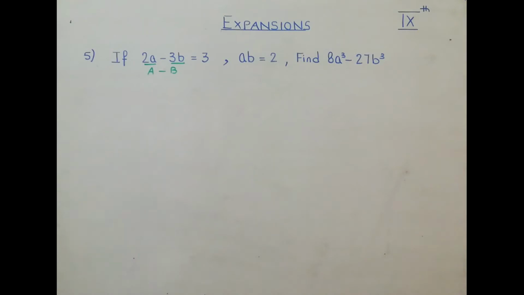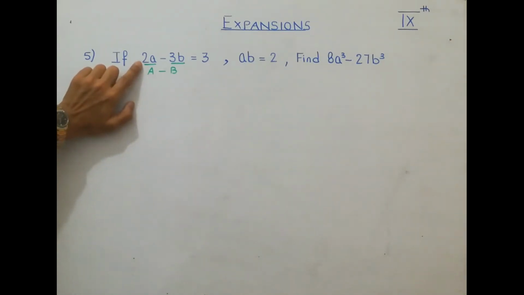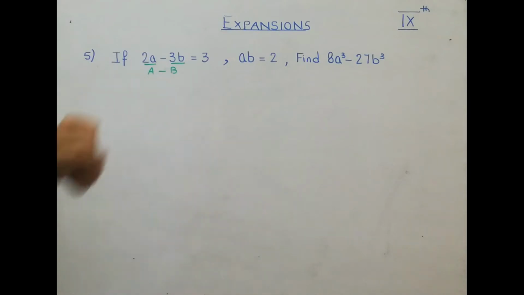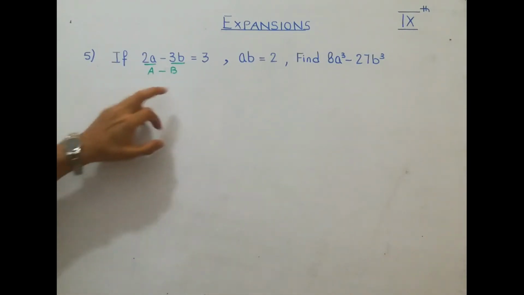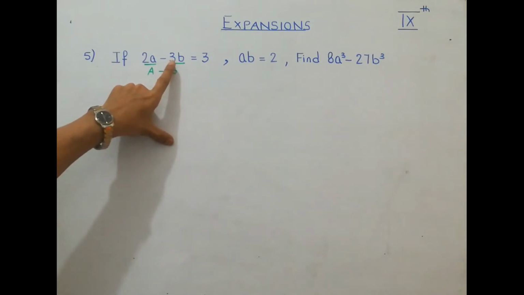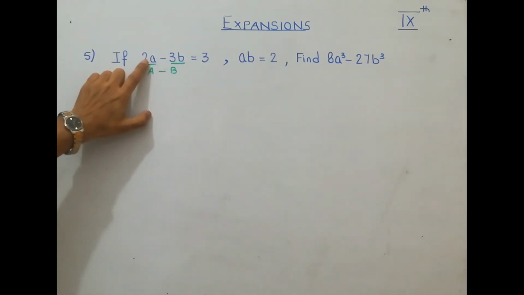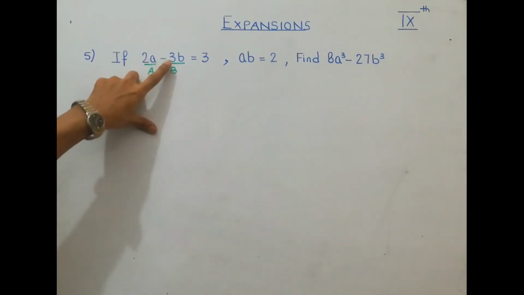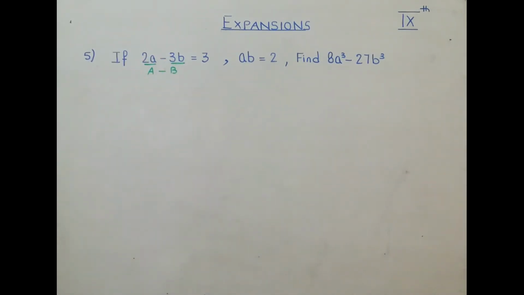Okay, what we have to find, there you see it is 8A cube. Now 8A cube, if you see, it is the cube of this term, 2A. And then we have 27B cube, which is the cube of 3B. See, cube of 2A is 8A cube and cube of 3B is 27B cube.